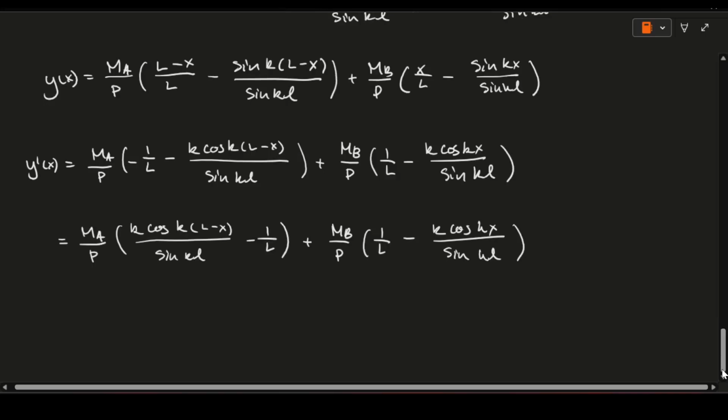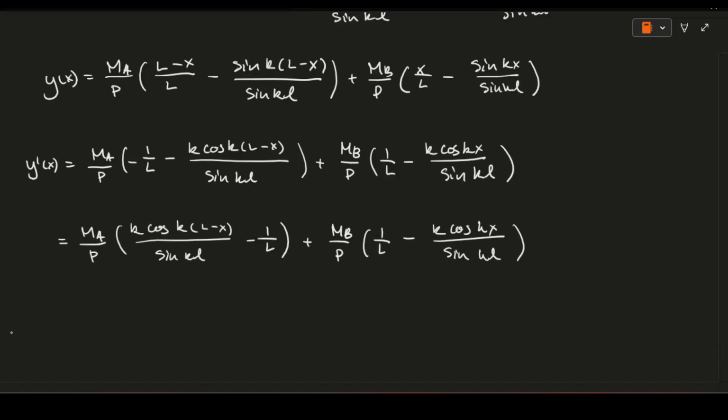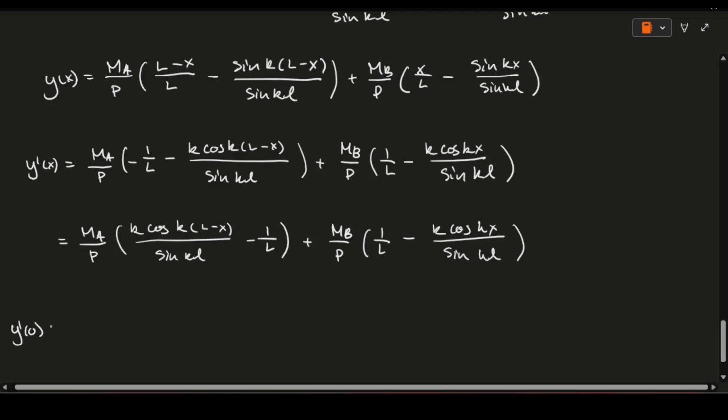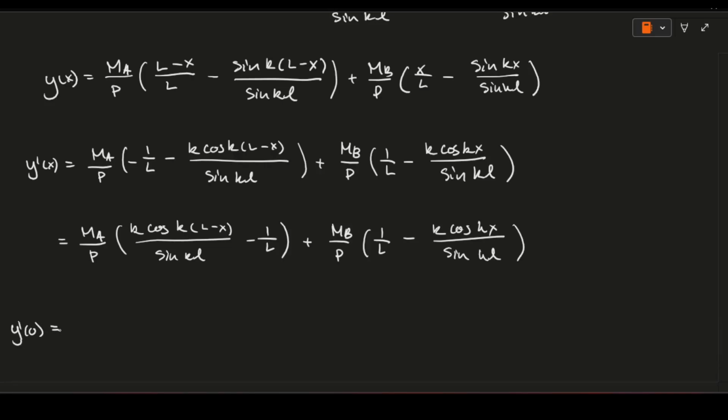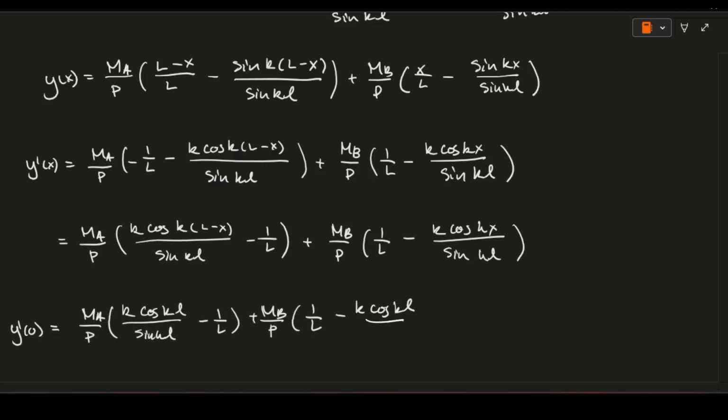Okay. Now if I put in y prime at 0, we get MA over P, K cosine KL all over sine KL minus 1 over L, plus MB over P times 1 over L minus K cosine KL over sine KL.